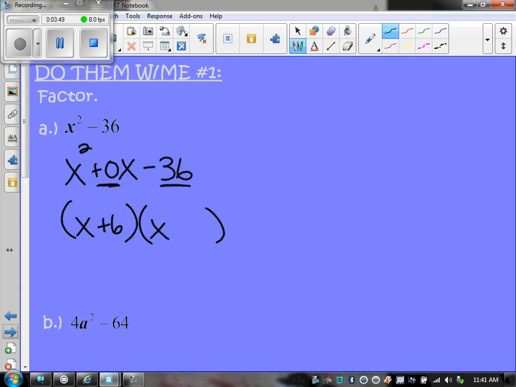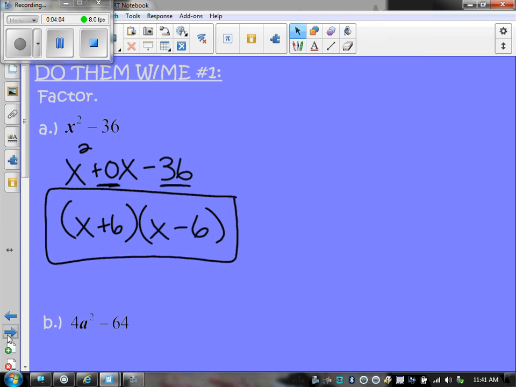Did I say positive 6 and negative 6? Doesn't that work? Multiplying them together, I would get negative 36, but when I add them together, I get 0, right? So my factored version of this problem would be x plus 6, x minus 6, okay?